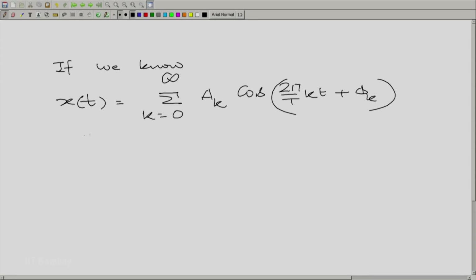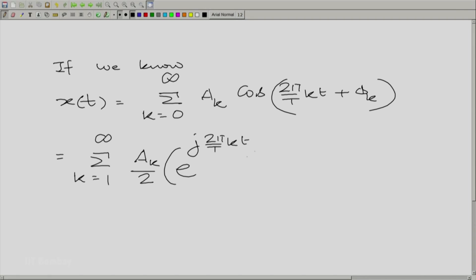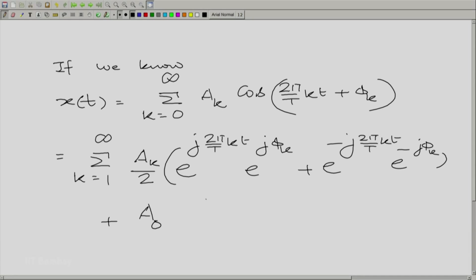then we can write down this is also equal to summation k going from 1 to infinity. Let us take the 0 separately. ak by 2 e raised to the power j 2 pi by T times kt into e raised to the power j phi k plus the conjugate of this, and a0 will be taken separately.